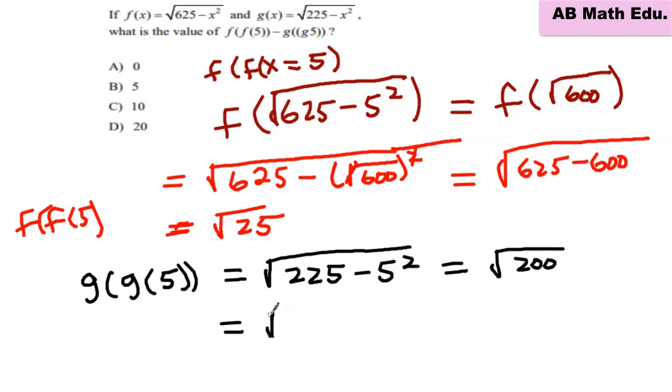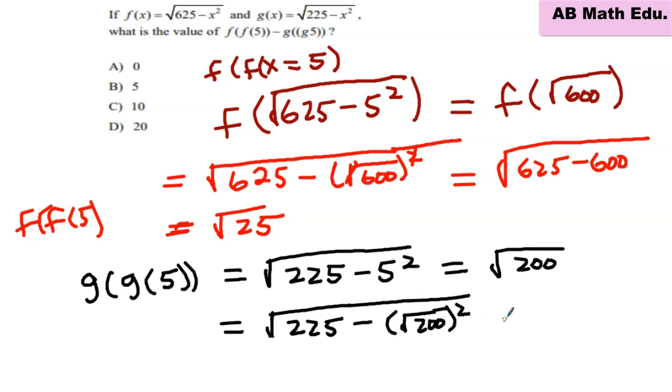And that was going to be 225 minus root 200 all squared. This will get rid of that, so it's going to be 225 minus 200, and that will give us root 25.